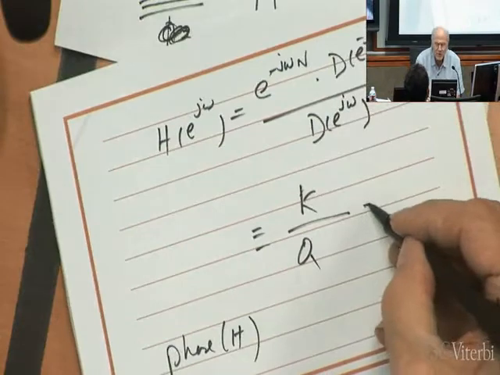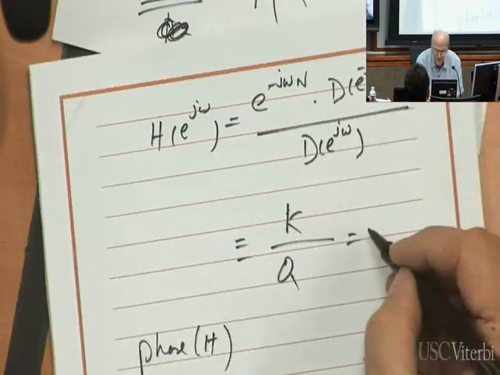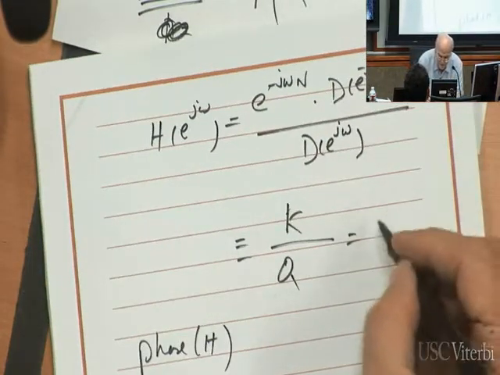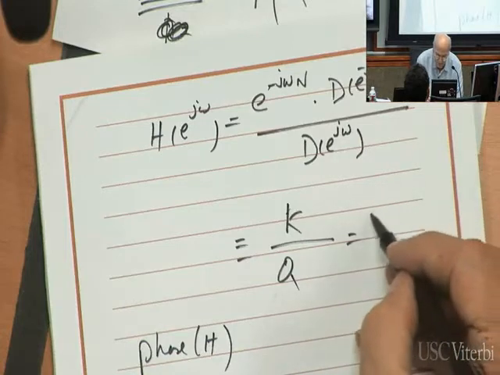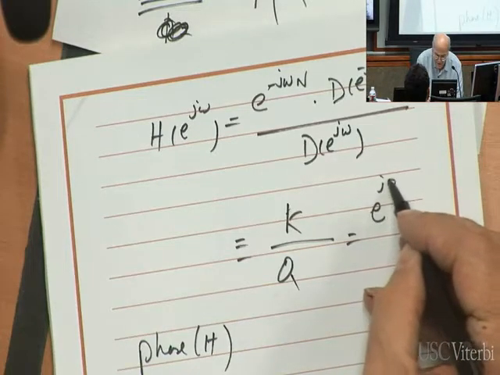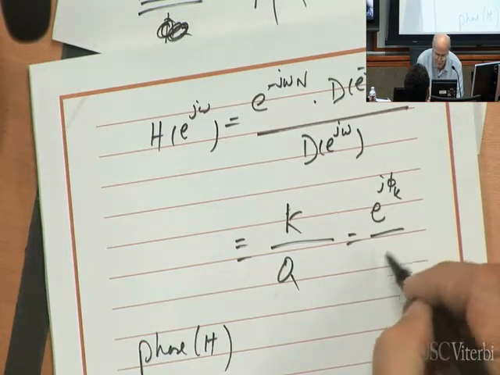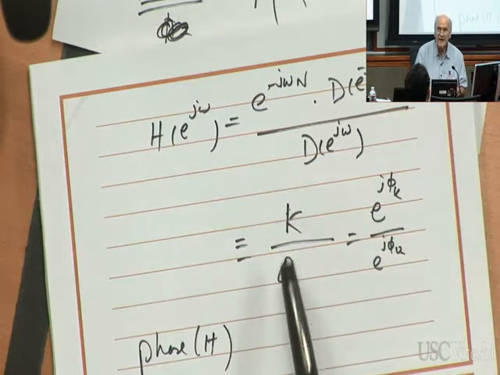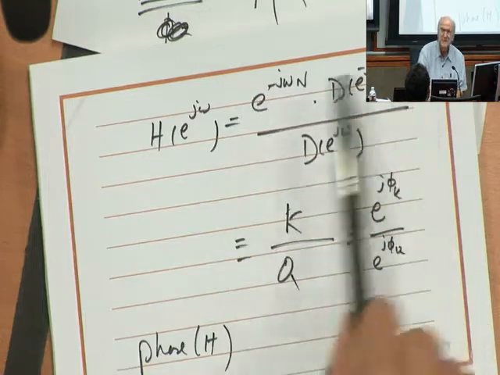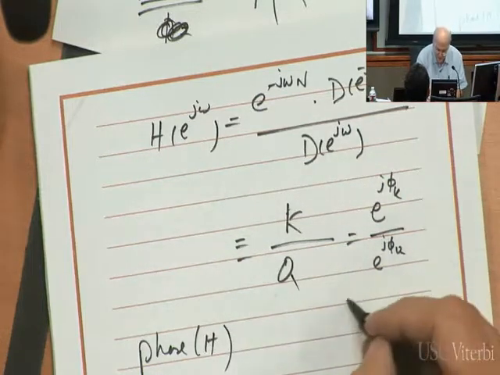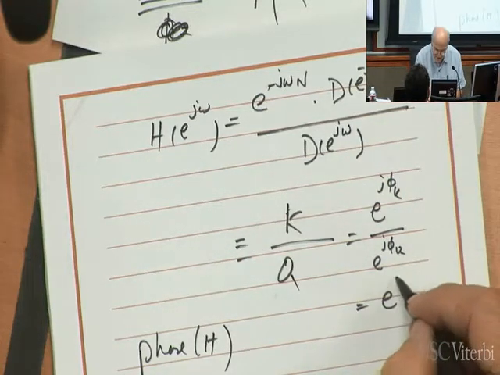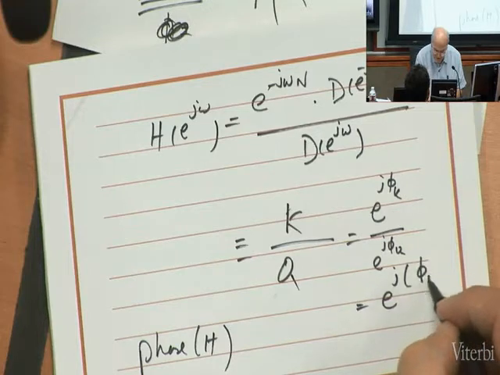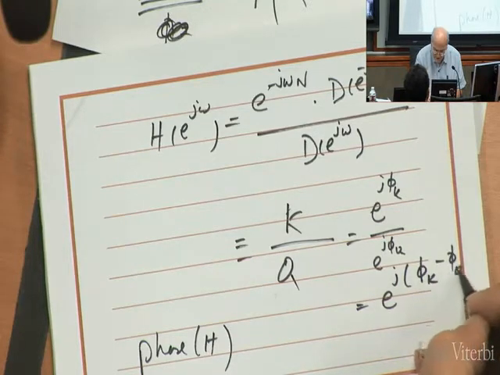I furthermore know that I can write this as some magnitude, which is 1, times e^{jφ_k} divided by e^{jφ_q}. K will turn out to be this, Q will turn out to be this, so I can write this as e^{j(φ_k minus φ_q)}.